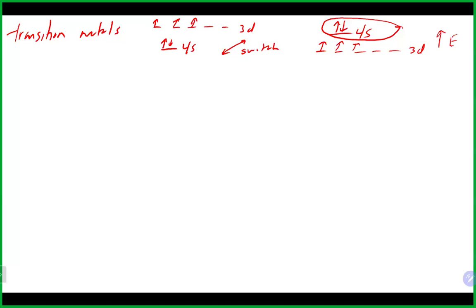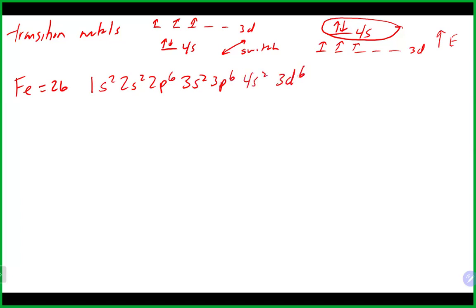And then if they need to, which is a little bit different than representative metals, they can also reach into their d orbitals and take out some electrons. So, for example, if we look at iron, which was 26, I believe, and if we write our electron configuration: 1s2, 2s2, 2p6, 3s2, 3p6, 4s2, 3d6 in this case.